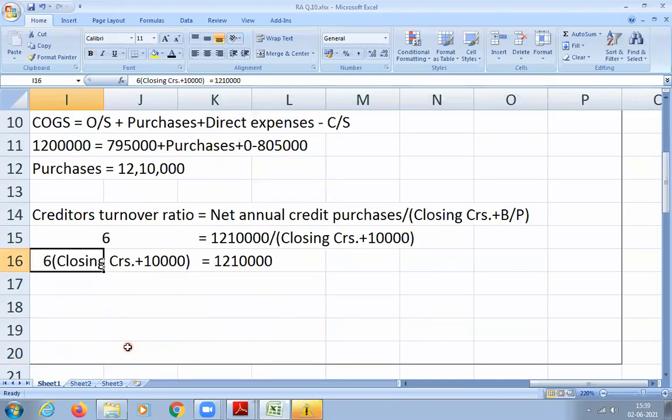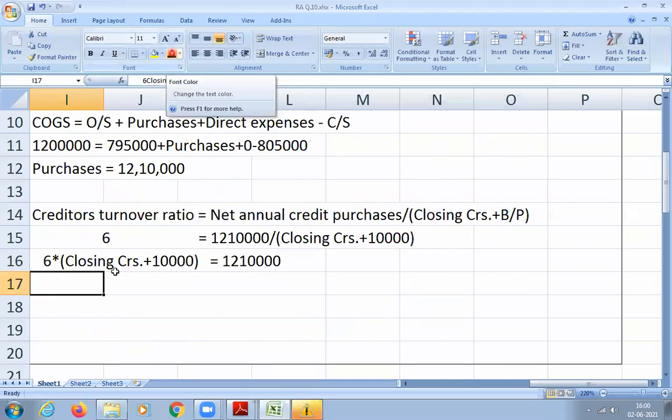Now multiply 6 inside the bracket: 6 closing creditors plus 10,000 into 6, 60,000, is equal to 12 lakhs 10,000.